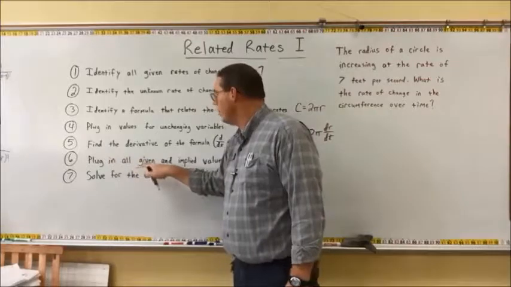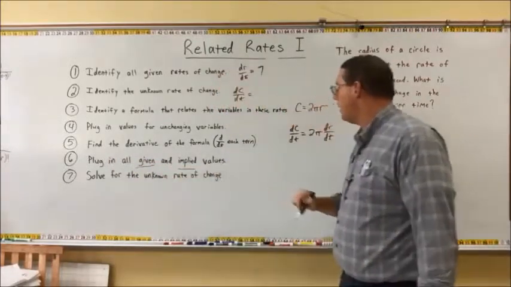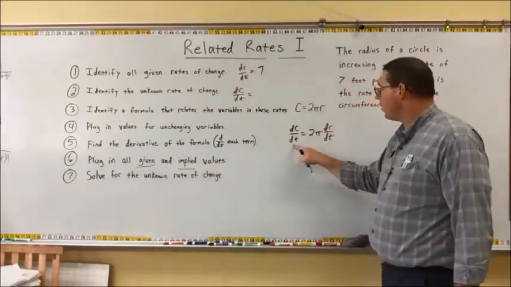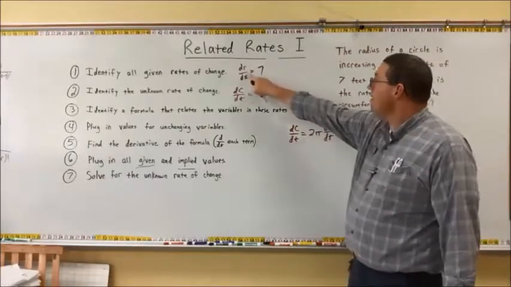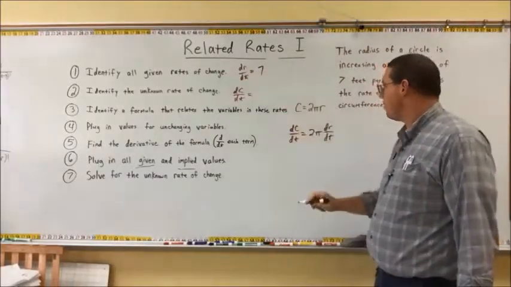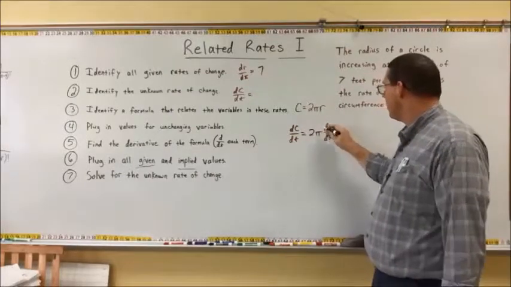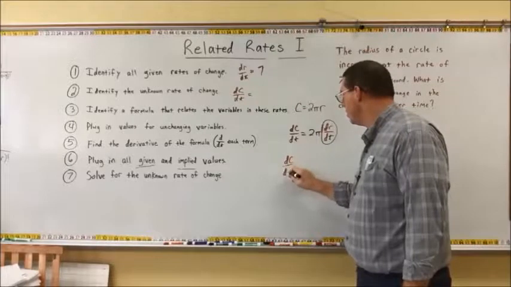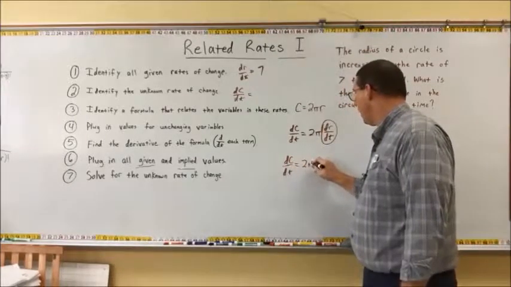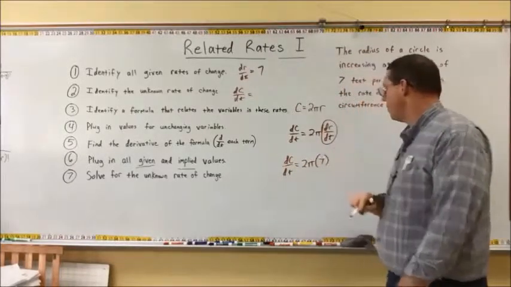Plug in all given and implied values. Well, there are only 2 variables, dC/dt and dr/dt. And look, they gave me dr/dt. They said it's 7. So I'm going to plug in 7 for dr/dt. Now I'll have dC/dt is equal to 2 pi times 7.